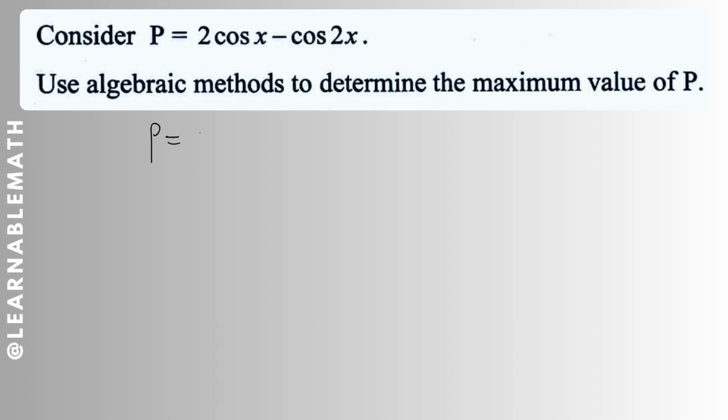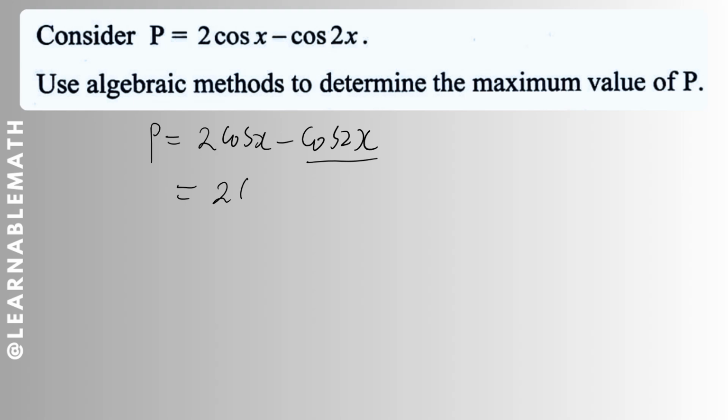Right, we have p is equals to 2 cos x minus cos 2x. Obviously, they want us to think of the rule to change cos 2x. We know that it can change into 3 things. Because there's cos, I'm going to change this into the rule that changes it into cos.